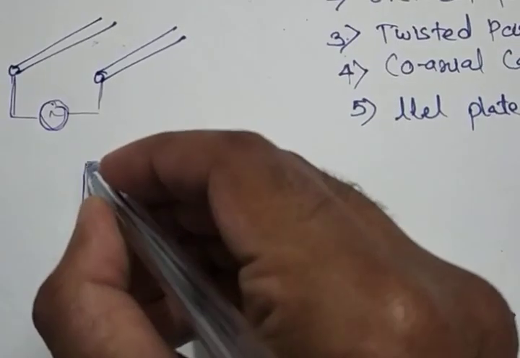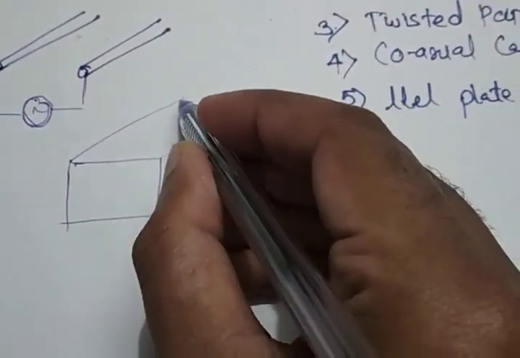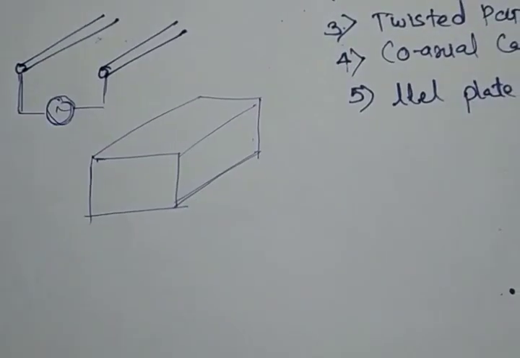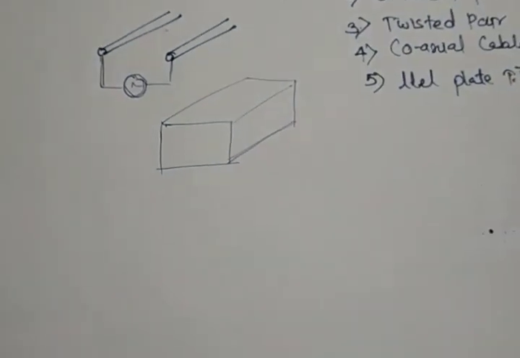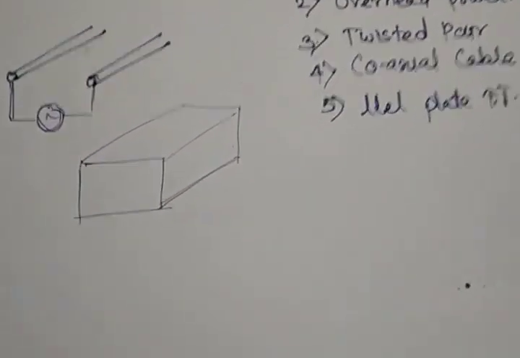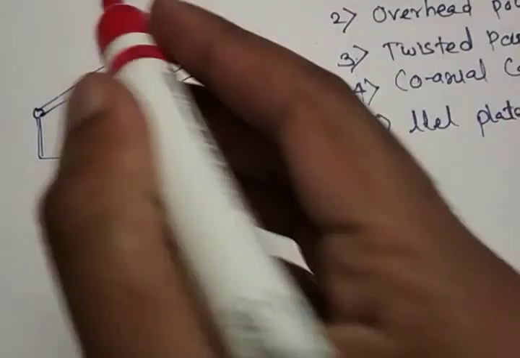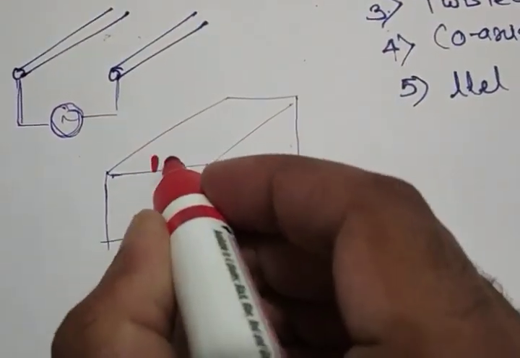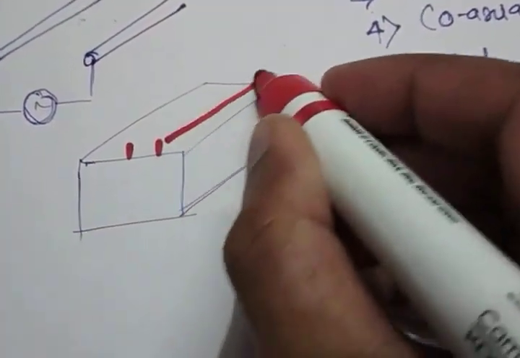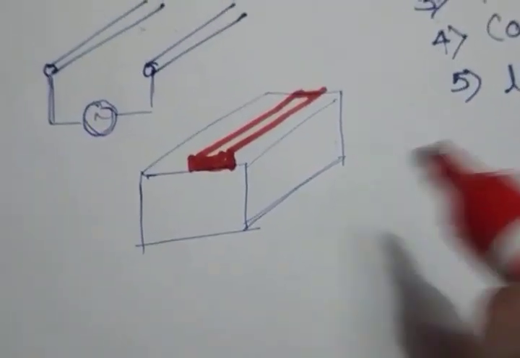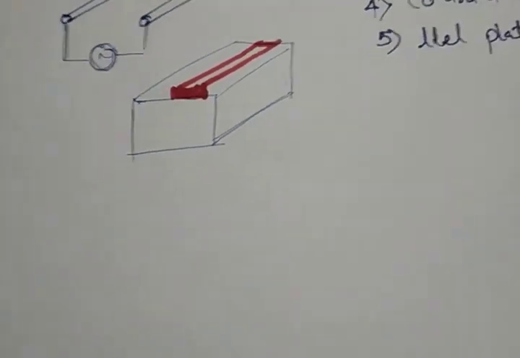Say there may be a rectangular strip like this, and on this strip there will be a microstrip mounted, on this particular rectangular shape.